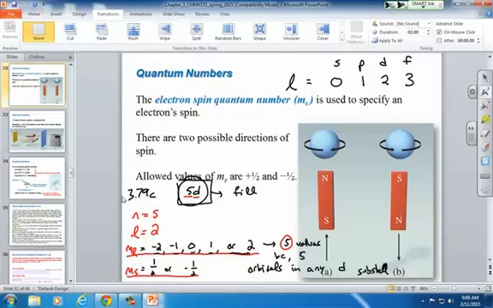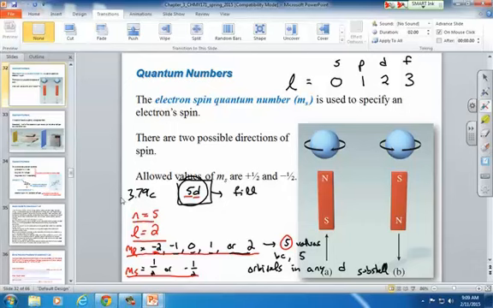And also we know no 2 electrons in the same atom can have the same set of all 4 quantum numbers, right? So if I do have an electron in this atom that has n equals 5, L equals 2, and ML equals -2, there are 2 electrons that could possibly have those 3 quantum numbers, because when ML equals -2, you're talking about 1 orbital that has that quantum number.